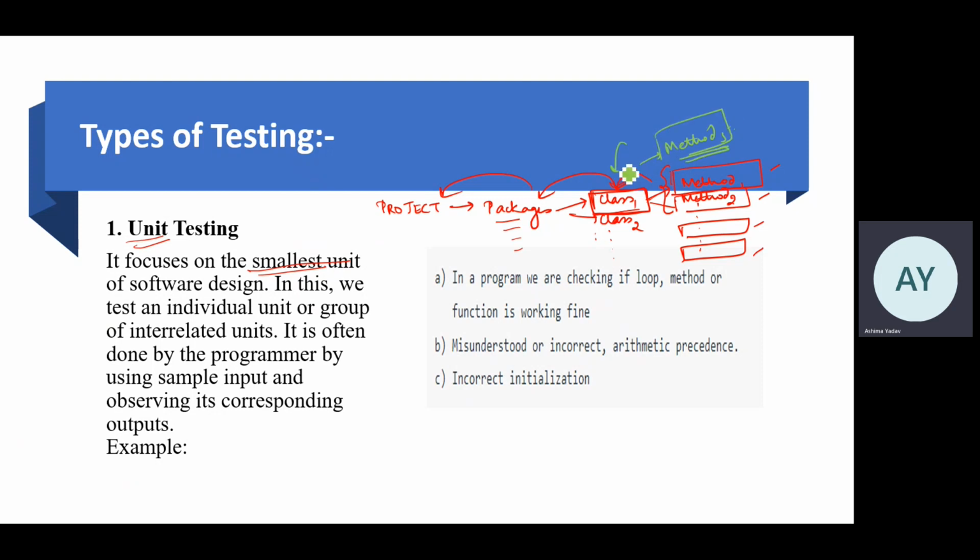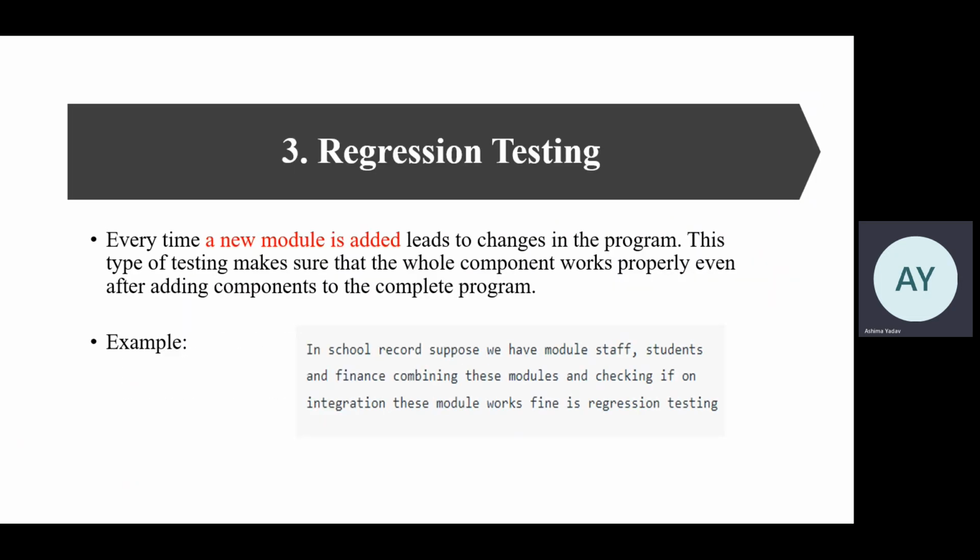How will this class behave, and how will the rest of the classes behave? If the rest of the classes have any dependency on this class, how will they react? That is done with the help of regression testing. It makes sure that the whole code is working fine, even if you add the smallest component or module. That is regression testing.